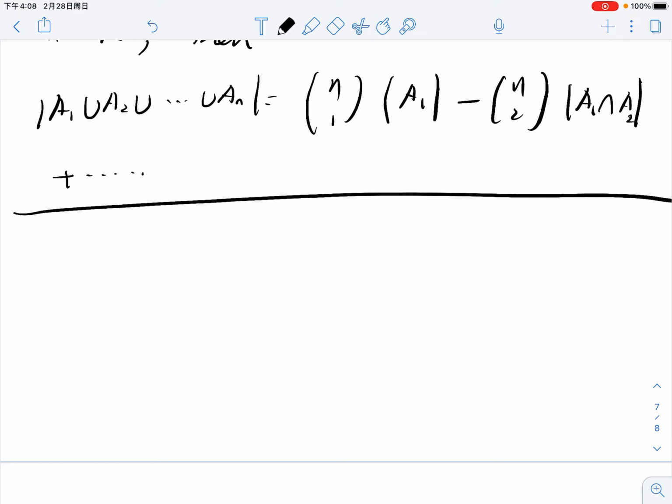And before we proceed, recall the example we studied before.